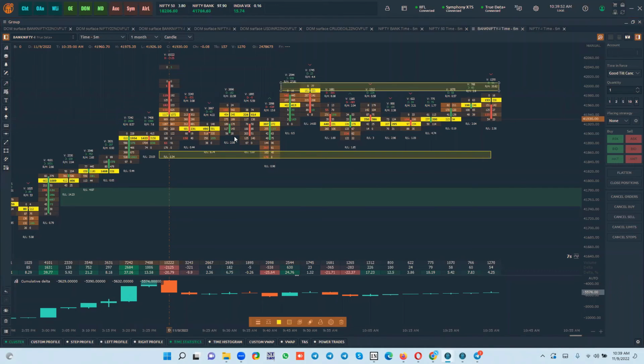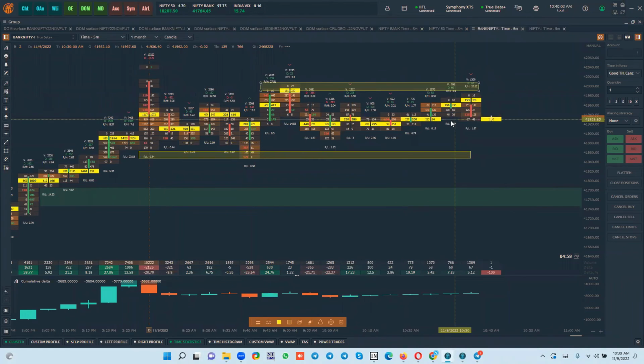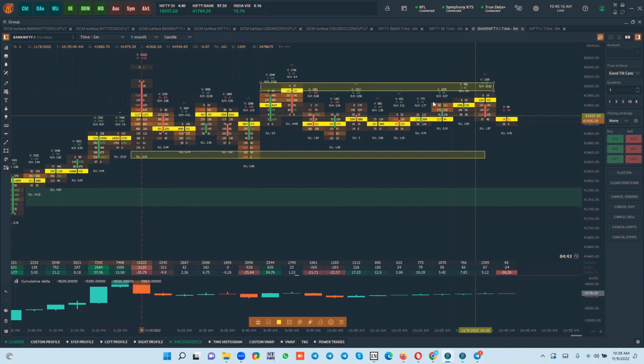So let's look at the question about the 10:25 candle. The bar is green, delta is positive, RL is... I think don't jump into the market before that.